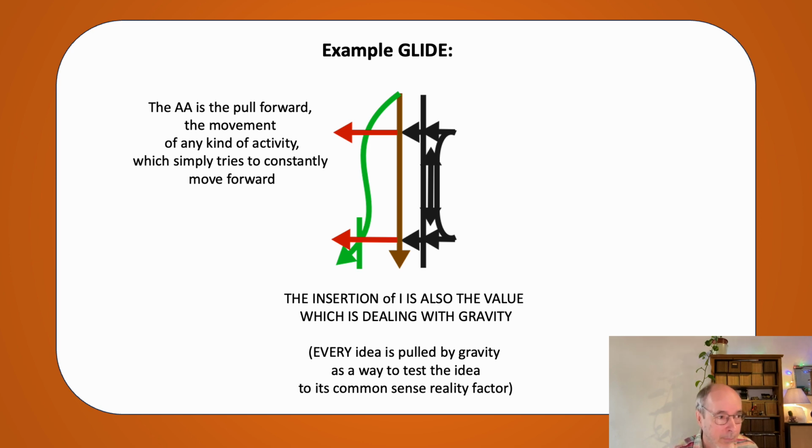The gravity can enlarge these ideas, as they are not even ideas mostly. What you have there are falsifications of ideas to make people, for some reasons or whatever. I'm not going to talk about that now. But every idea is pulled by gravity as a way to test this idea to its common sense.